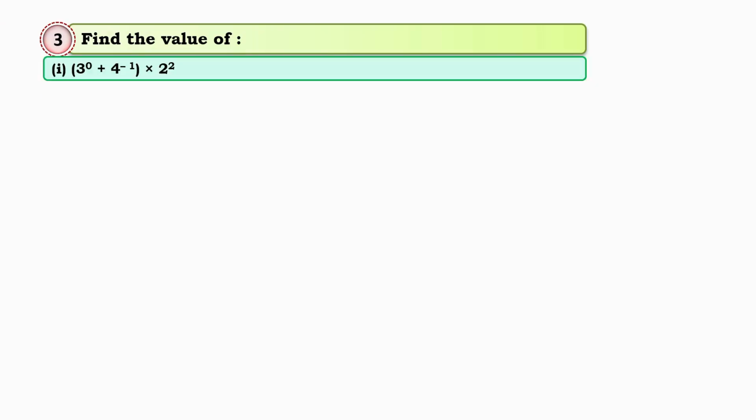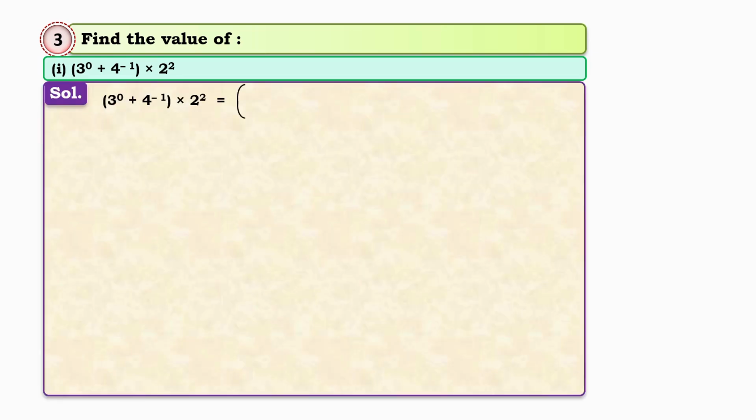Now find the value of (3 to the power 0 plus 4 to the power minus 1) within the bracket into 2 to the power 2. So we all know that whatever the base, if the power is 0, that will give you 1. So 3 to the power 0 will be 1.